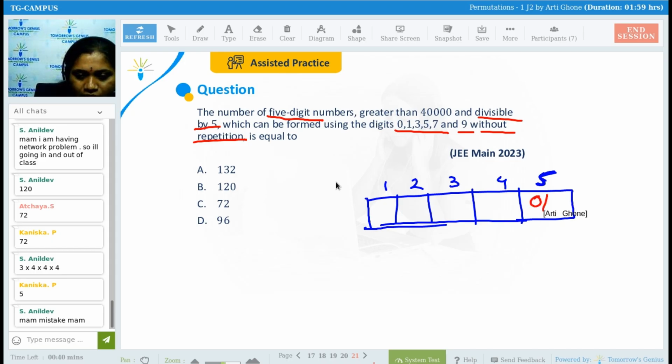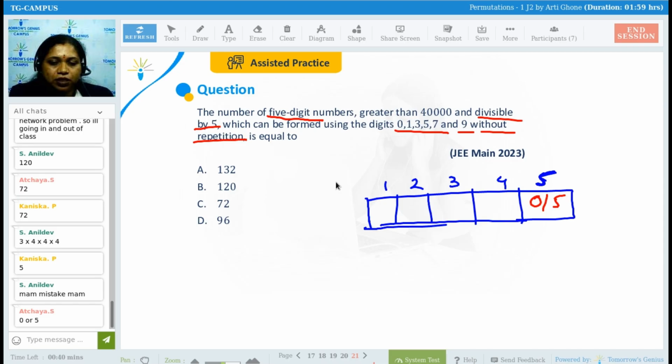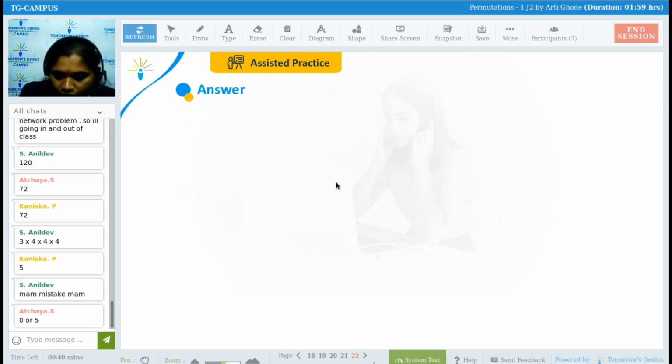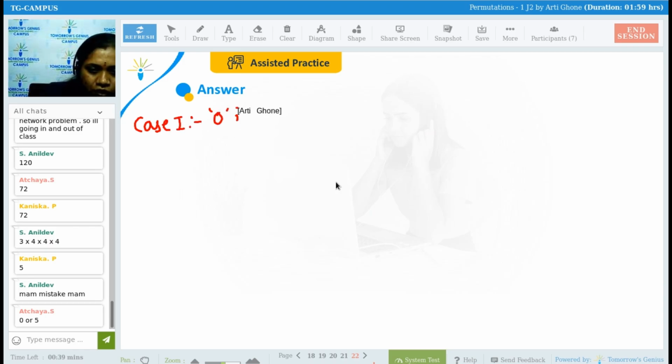Last position can be filled with 0 or 5. These are the two cases. So case 1, 0 is at end, and case 2, 5 is at end. Clear? Okay. Let's try with my case 1. 0 is at unit place.